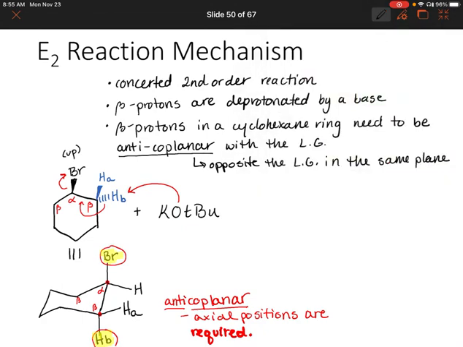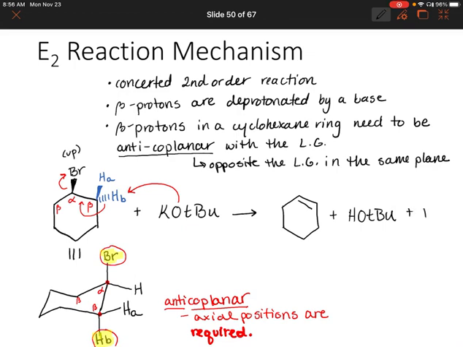So our products, we would have a double bond between the alpha and beta carbon on the cyclohexane ring. Tert butoxide will take a hydrogen, so we'll end up with HOtBu.